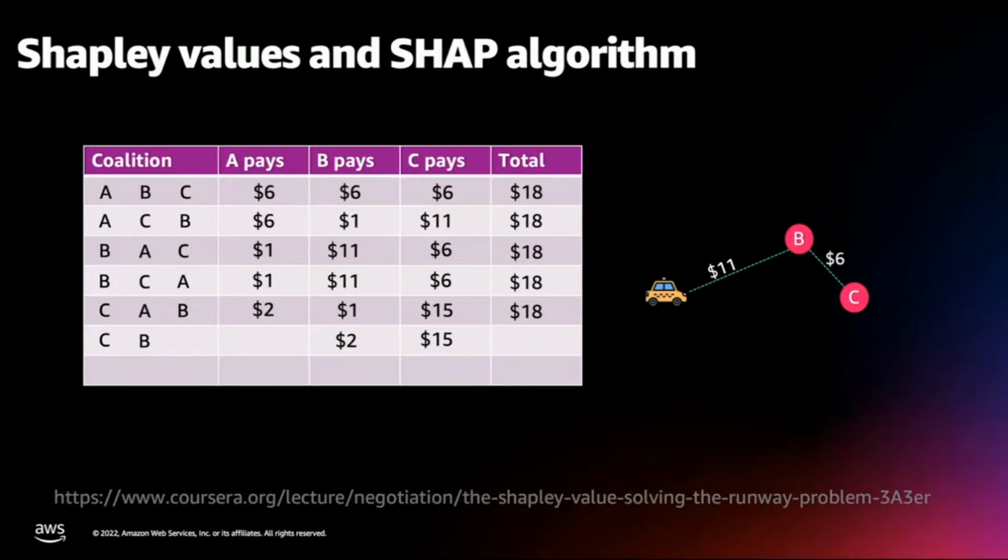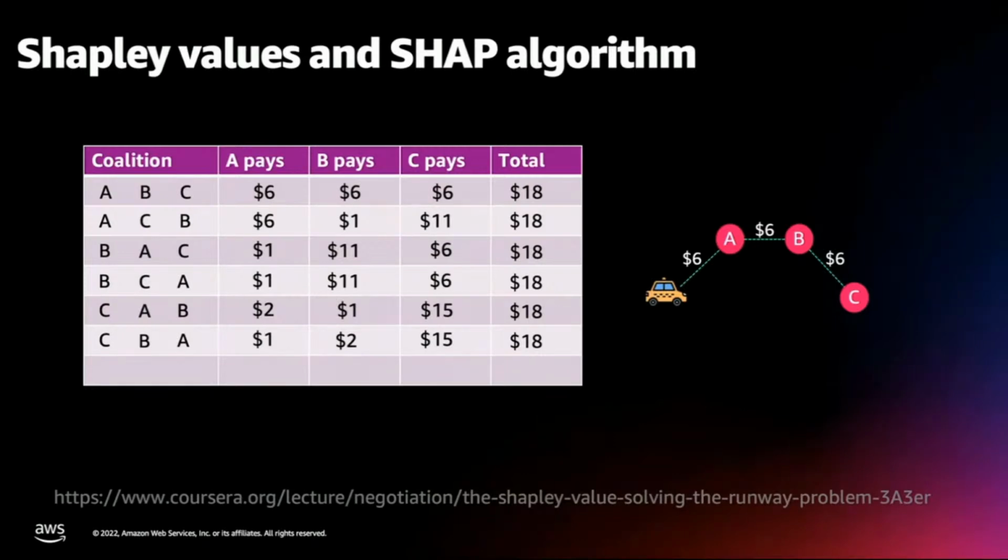So Bob's additional contribution needs to be $2. And then when Alice joins last, we go back to that original optimal coalition that is $18 in cost. But since $17 have already been paid by the two other parties, Alice's additional cost is just $1.